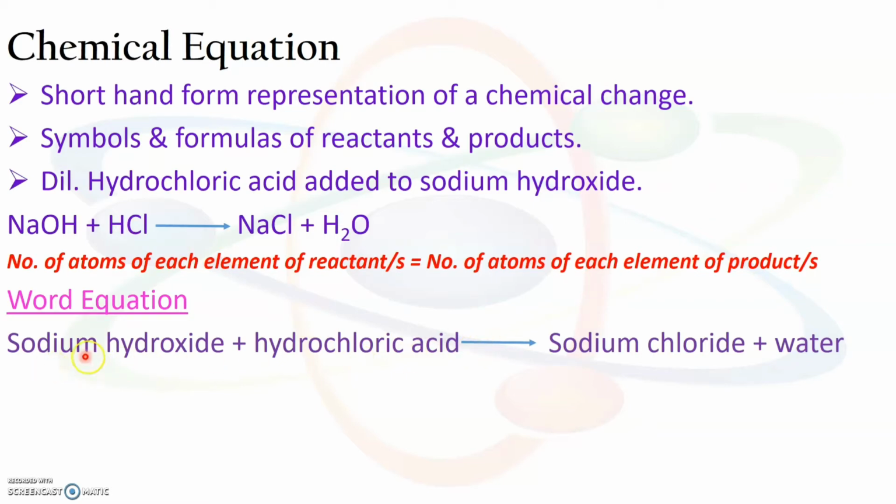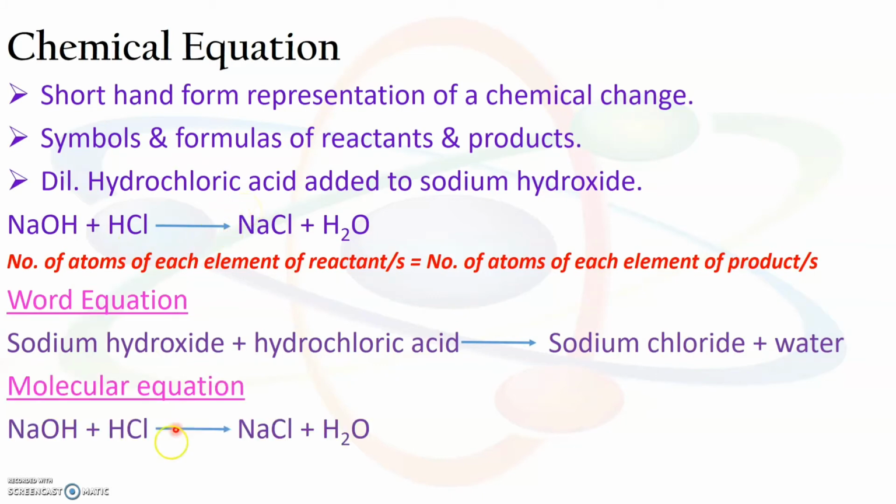So we say that sodium hydroxide plus hydrochloric acid gives sodium chloride plus water. So this is how the word equation of this reaction is written. And what you have seen here is the molecular equation. So molecular equation is represented using chemical formulas of the compound, while word equation is represented by writing the chemical name of the compound.